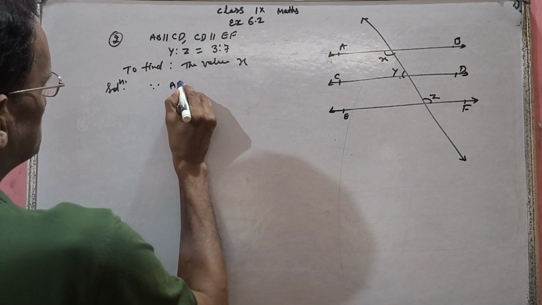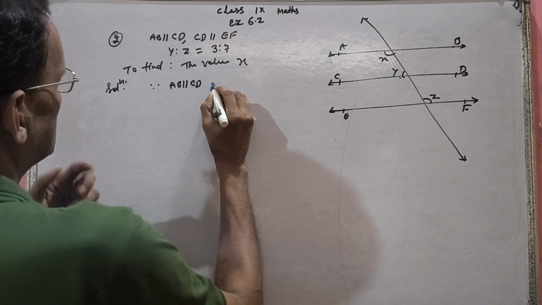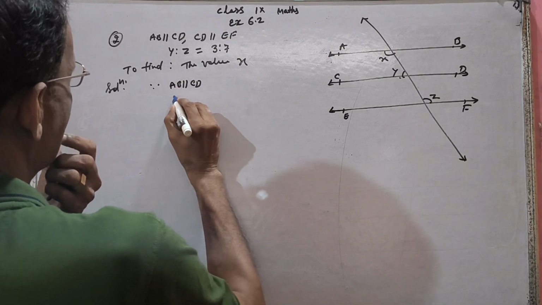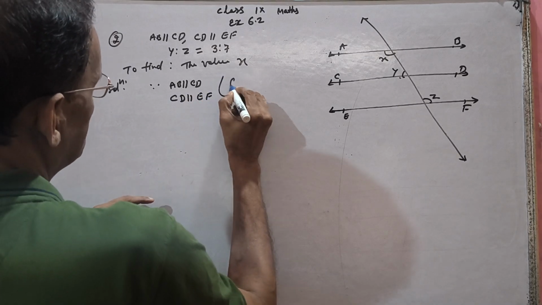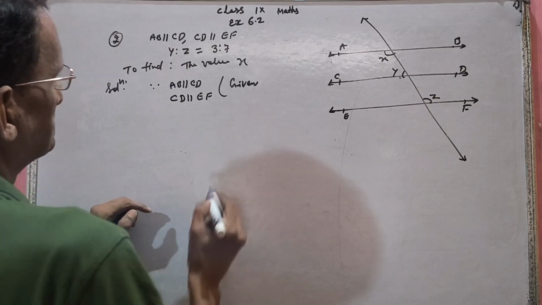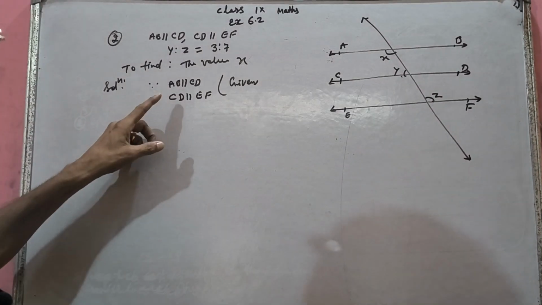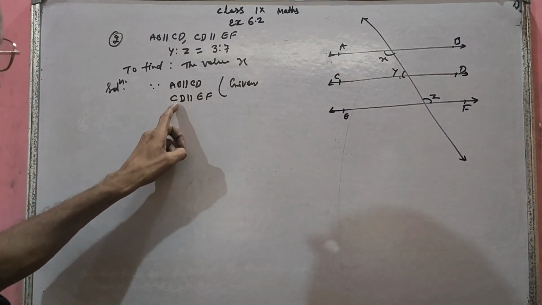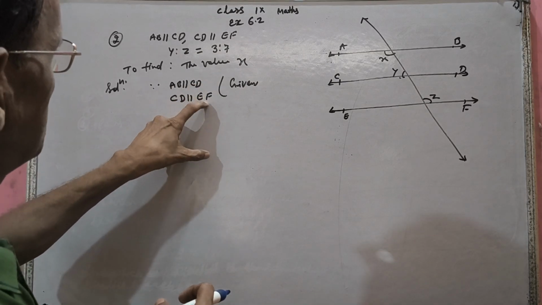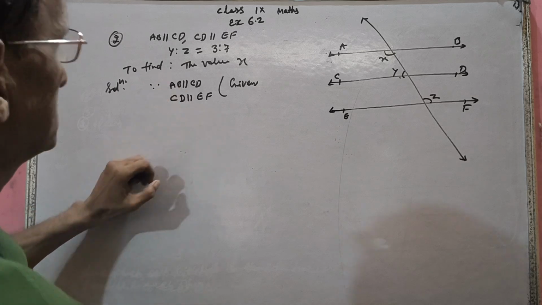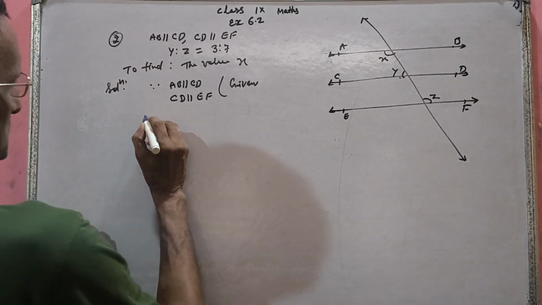First write down, since AB parallel CD and CD parallel EF, this is given only. Both AB and EF are parallel to the same line CD. Just now we have discussed, if lines are parallel to the same line, they are parallel to each other. So what will we get?